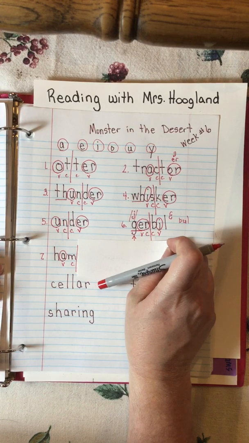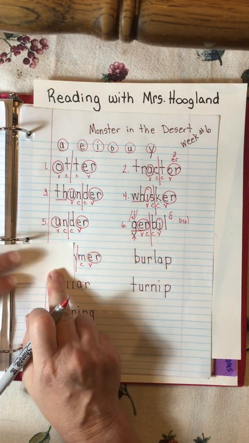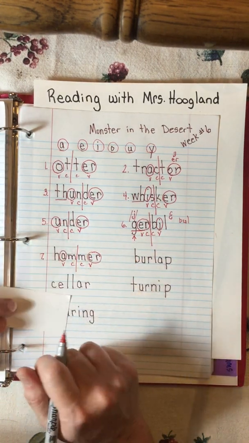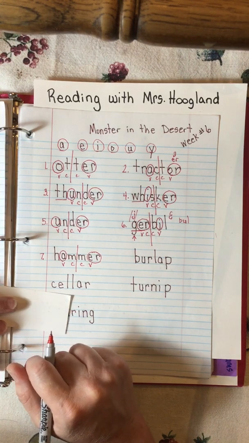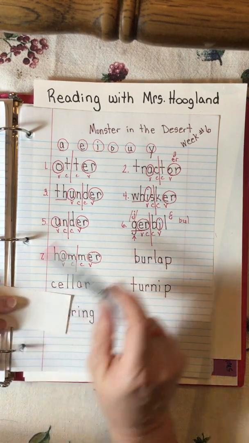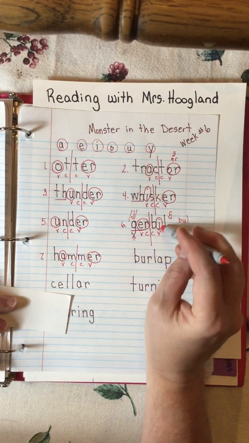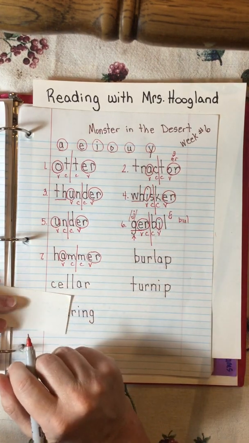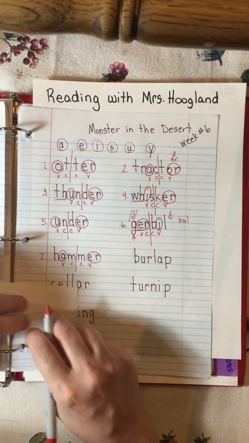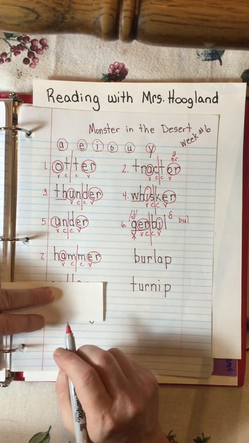I have ham, hammer. How many of you have ever used a hammer before? I'm really curious. We have an otter, a tractor, thunder, whisker, under, gerbil, and a hammer in this story. I'm curious how these words are going to play in this story.